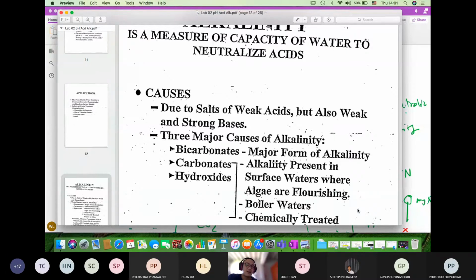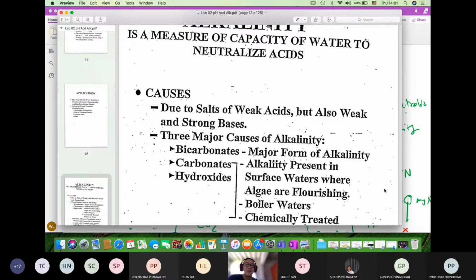Basically, a buffer system is used to control pH changes. Even in water treatment, in some systems, we also prefer to have a certain amount of alkalinity just to resist pH change, for example due to the degradation of some organic substance.